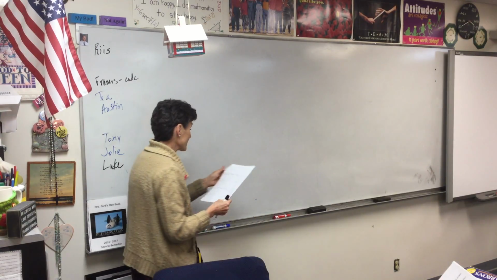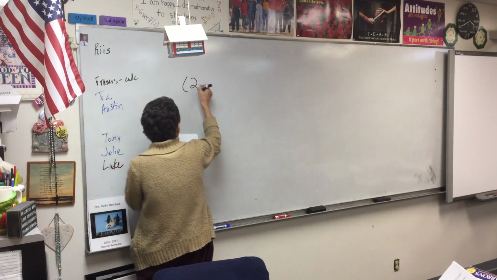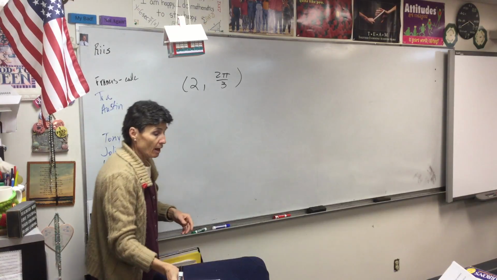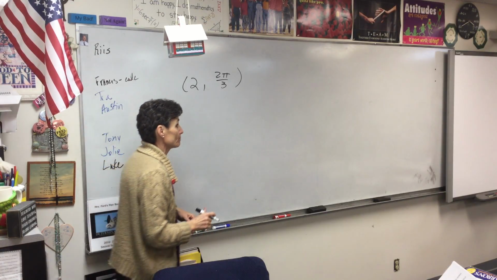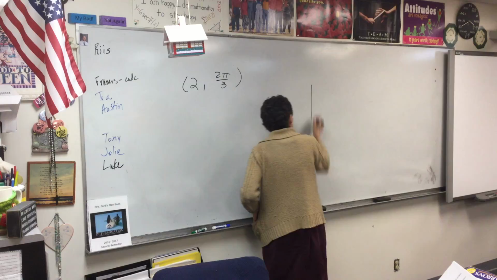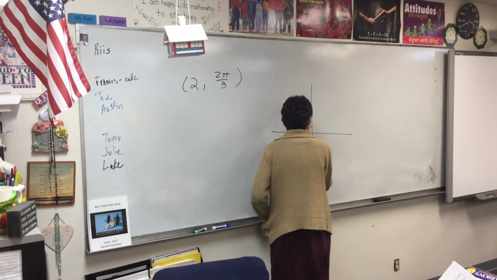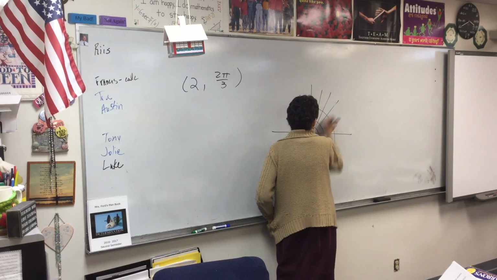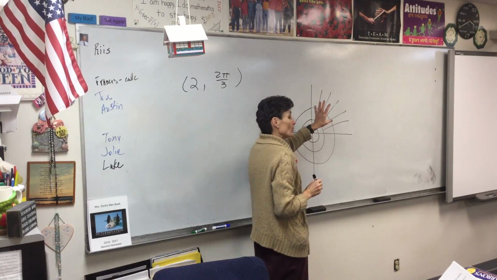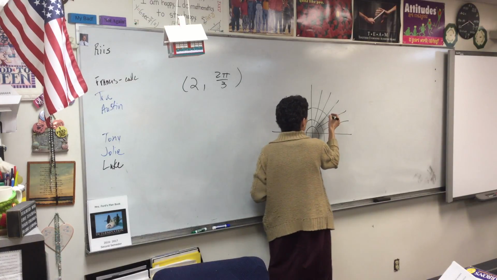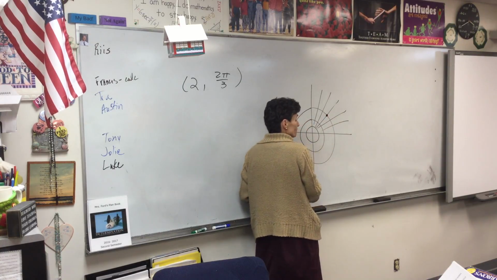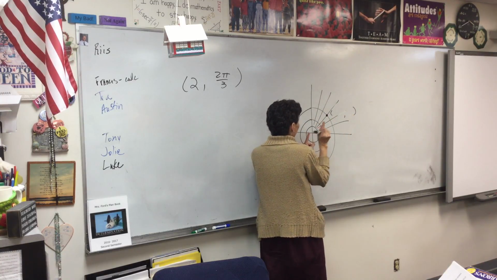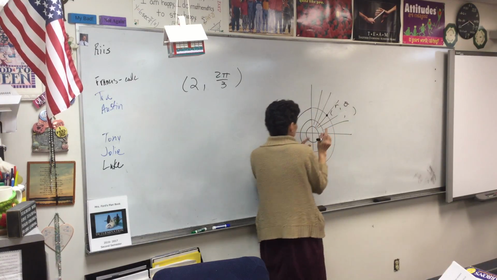All right, so the paper I gave you is polar graph paper. When we graph in polar coordinates, I'm not going to do the whole grid because it takes me too long, but I'll do this part of it. When I put a point on here, the coordinates of that point will be r and theta.